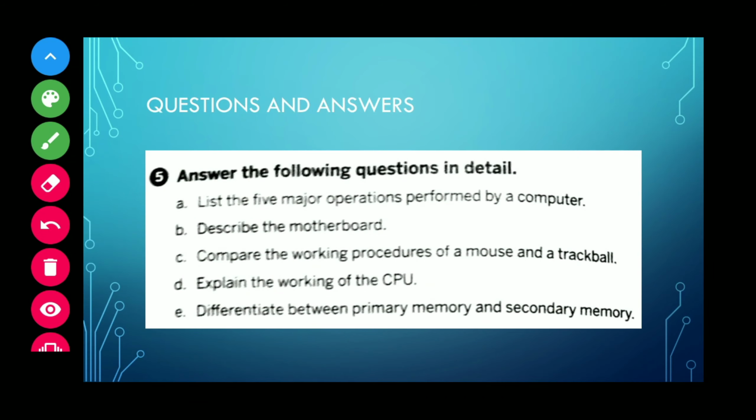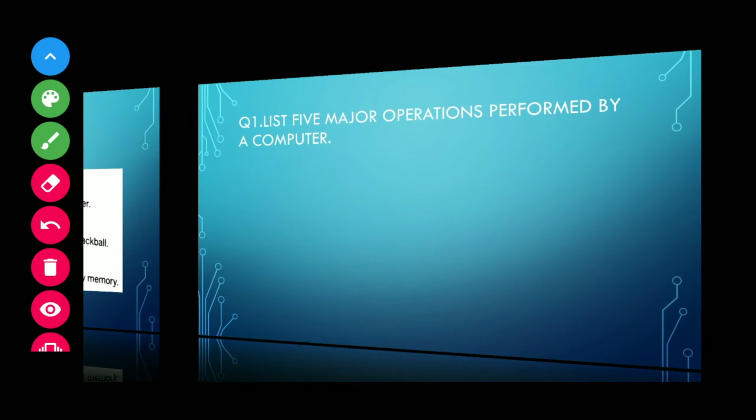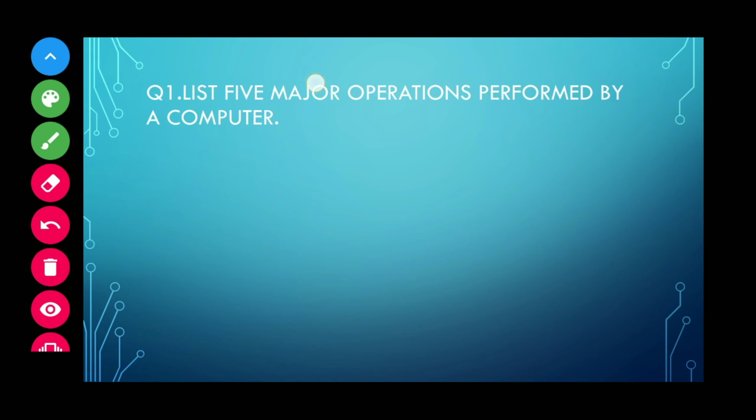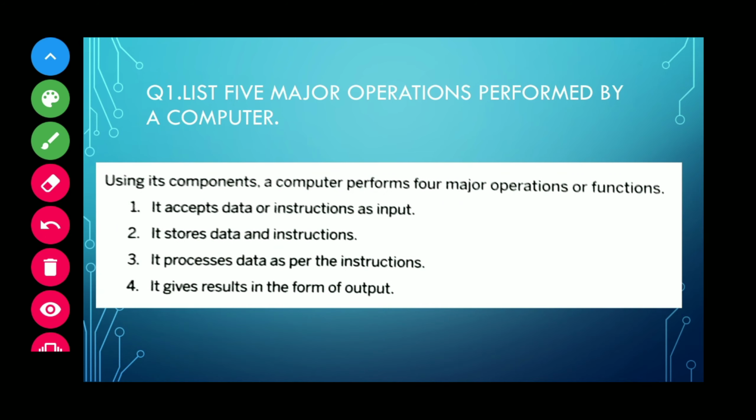Here the first question is: list the five major operations performed by a computer. The second is: describe the motherboard. Third, so we are going to solve this. First question: list five operations performed by a computer. These are: it accepts data or instructions as input. This is the first operation. Second operation, it stores data and instructions.